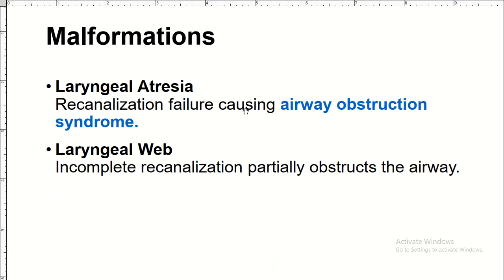So malformations of the larynx. There are two of them that are important. You can have what's called laryngeal atresia. Remember we said that the laryngeal epithelium is going to proliferate and occlude the laryngeal lumen, and then after occlusion it is going to be recanalized.